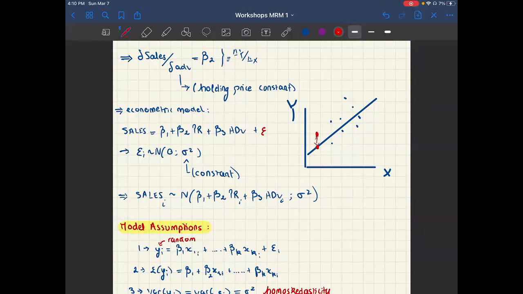The difference right here is the error term, and we can do this across all observations: here, here, here. All these are the error terms. Just one thing I want to point out is that these are the observed error terms, and since they're observed, I'll put a hat over them.